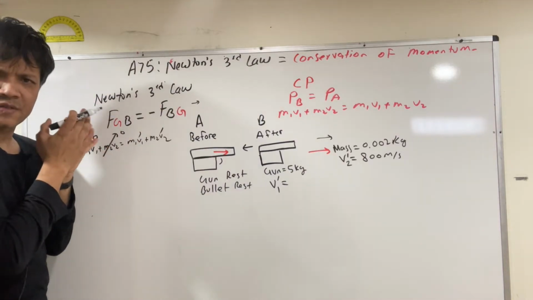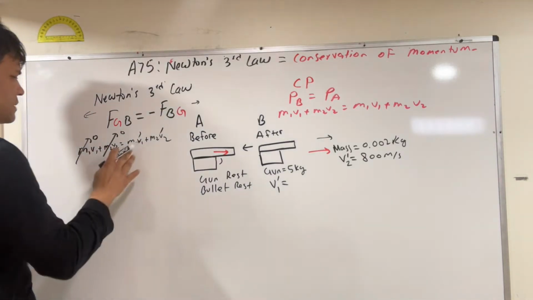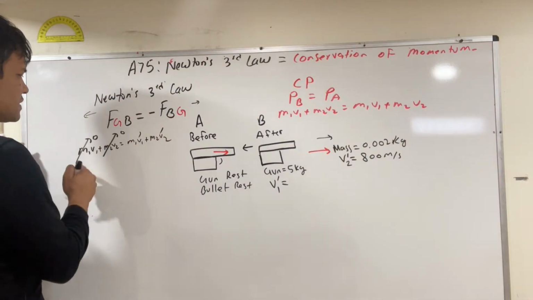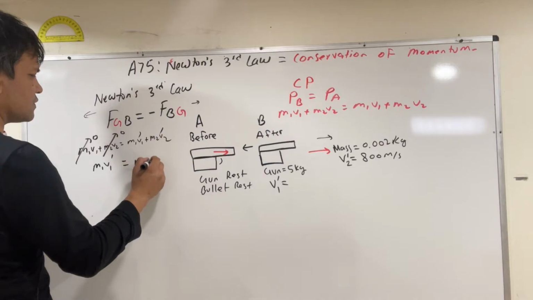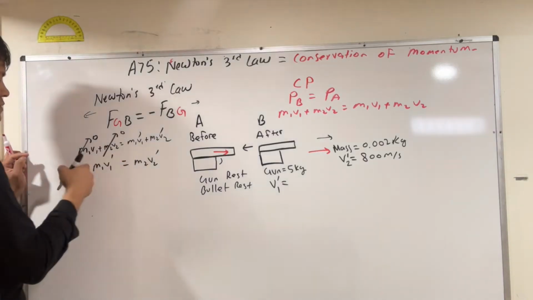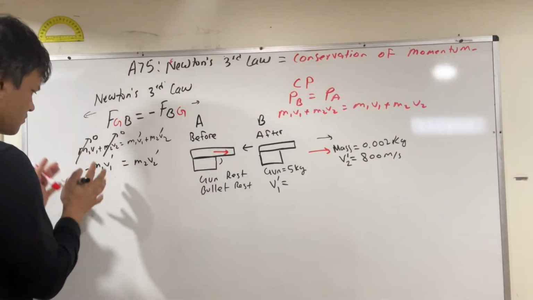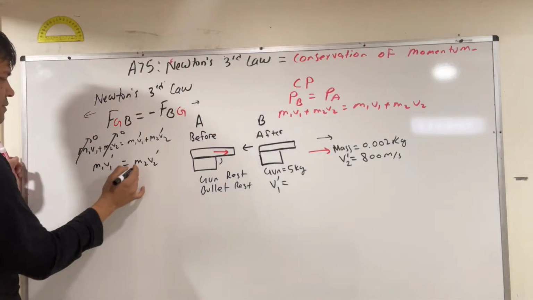This is just Newton's third law. All right, excellent. So I'm going to bring this term to this side: m1 v1' is equal to negative m2 v2', don't forget the negative because you bring it to the other side.